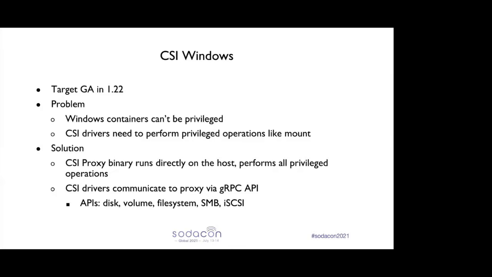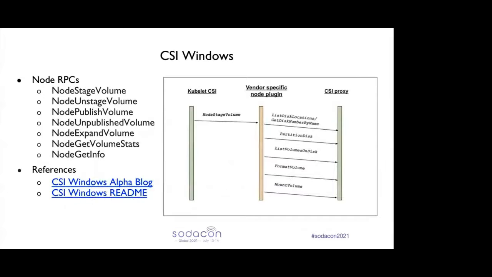CSI proxy will expose an API through gRPC over named pipe for executing privileged storage-related operations on Windows hosts on behalf of Windows containers, such as CSI Node plugins. Only CSI Node RPCs need to be implemented by CSI drivers to support Windows.